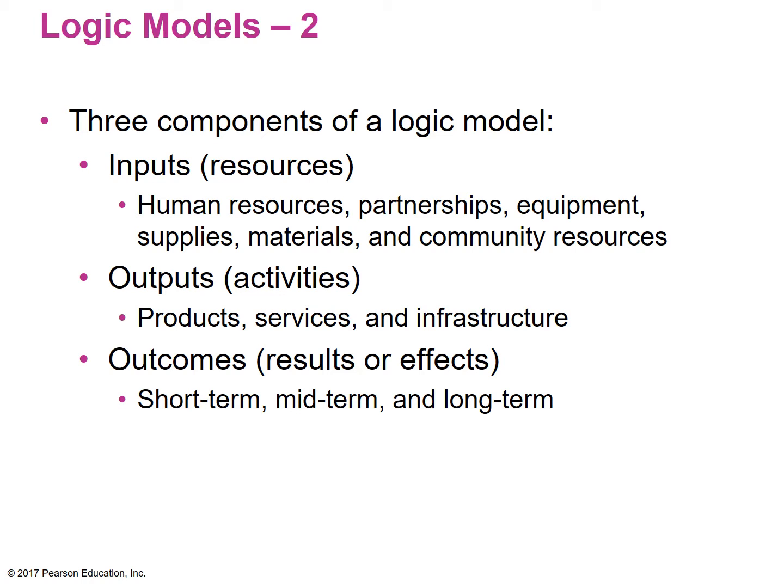If you have a by-when that happens early on during the program implementation, that's going to be your short term. Things that happen within the intermediate time period of your program will be your midterm, and objectives that have a by-when closer to the end of your program, we'll refer to those as long term.